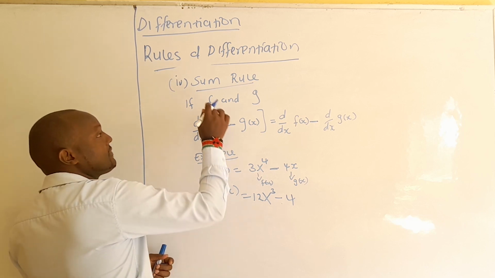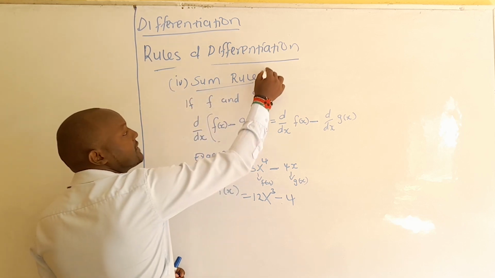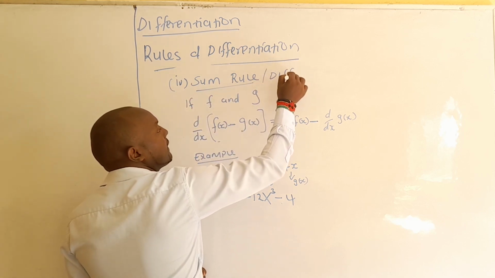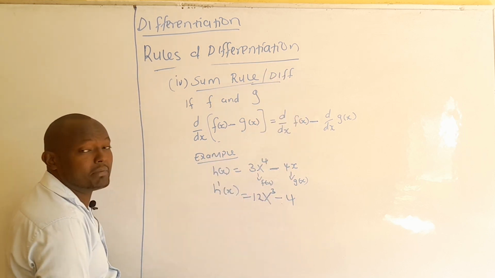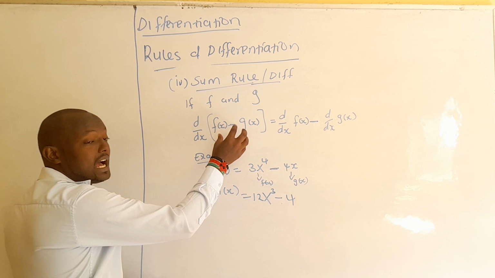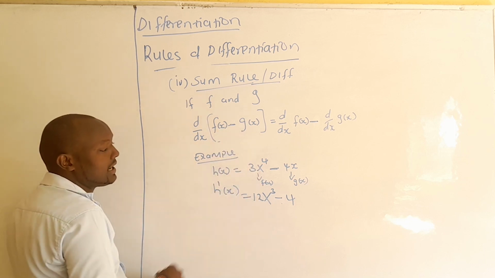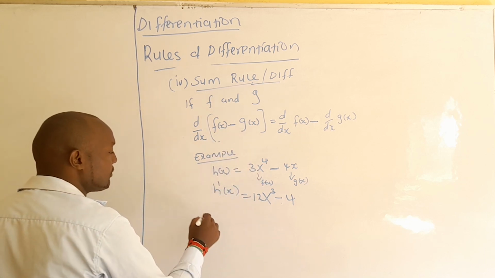So with the sum or difference rule, the difference rule won't have much impact compared to addition. With that one, you can be able to solve even example 2.